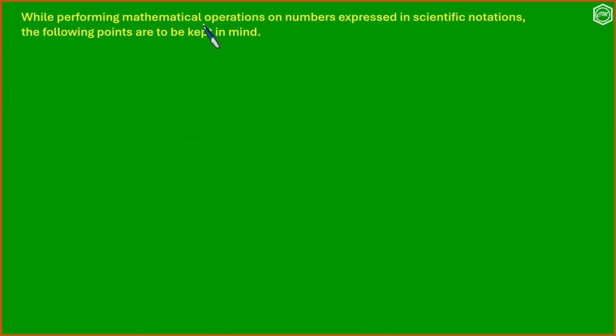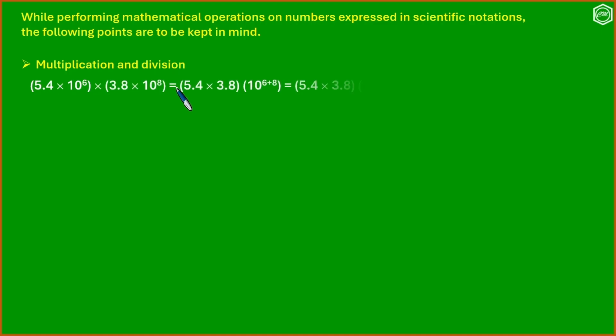While performing mathematical operations on numbers expressed in scientific notation, the following points are to be kept in mind. First, let us consider multiplication and division. For example, consider this multiplication. Here we multiply 5.4 into 10 raised to 6 into 3.8 into 10 raised to 8.